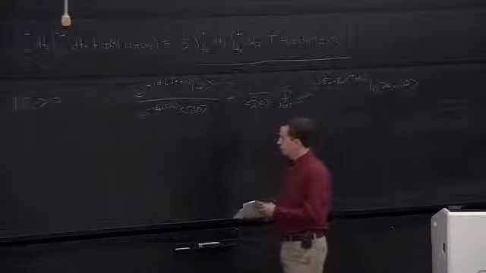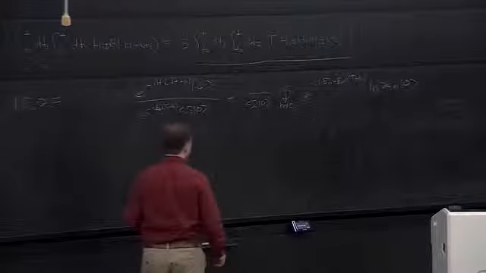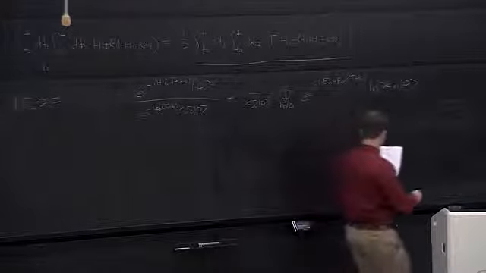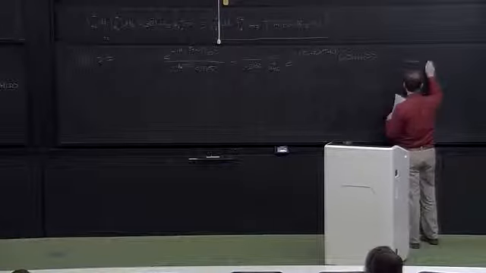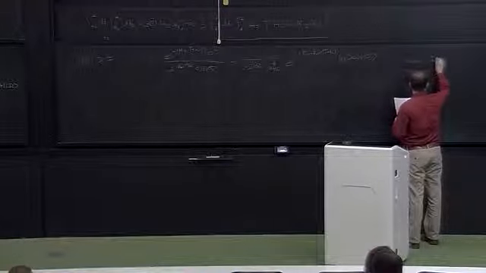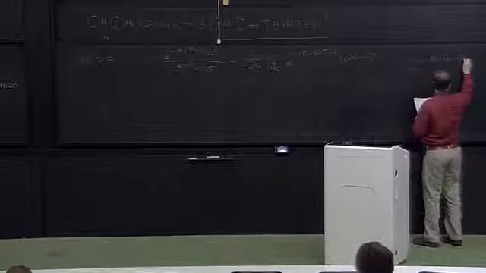And we can do that if we assume that the ground state is unique, so that En is greater than E naught for all n.